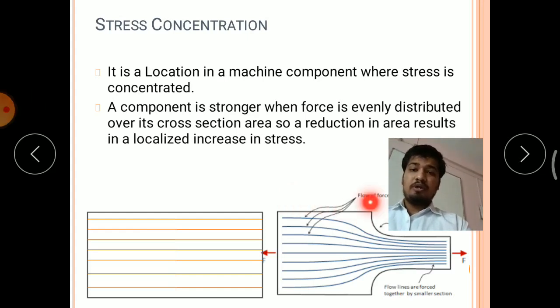Here we cut the section into this form, and due to that abrupt change in section, the stress concentration line is not continuous; it is not going to pass throughout the section, it has to move along this line. Here we use a filleted section, or a curved section, you can see here.